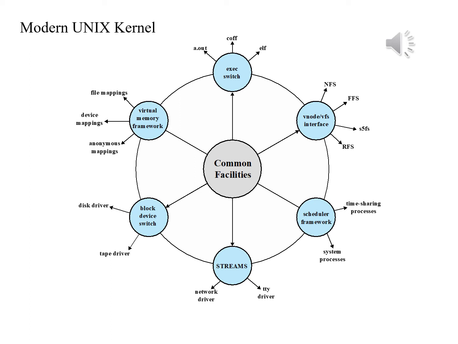Typical of the modern Unix kernel is the architecture depicted in the slide. There is a small core of facilities written in a modular fashion that provide functions and services needed by a number of operating system processes. Each of the outer circles represents functions and an interface that may be implemented in a variety of ways.